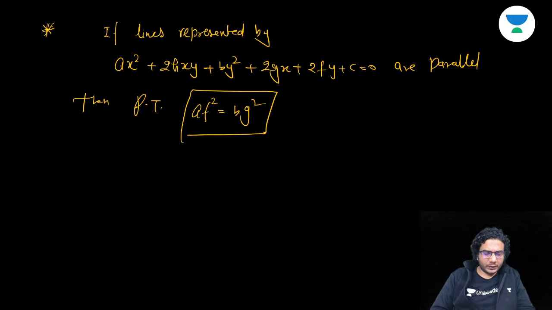Why did you put f square minus bc is equal to 0 and g square is equal to ac? Why did you do that? Center is not 0, 0. I mean, point of intersection is not 0, 0.